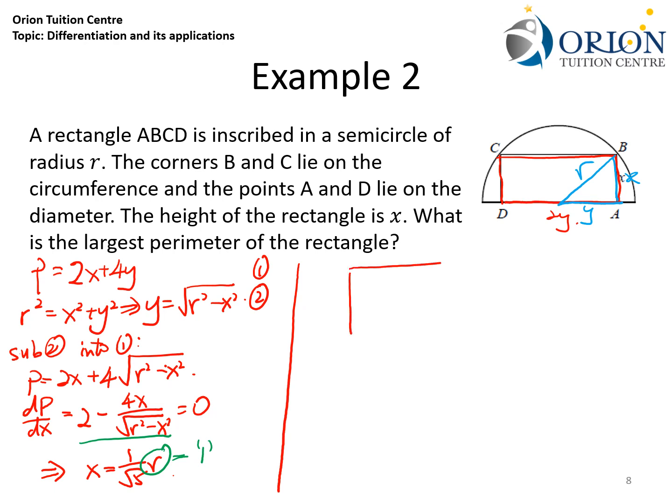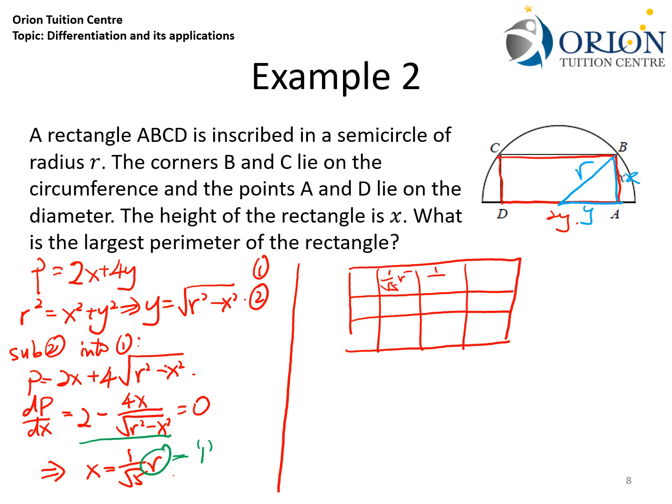So I have this table over here. In the first row, I'm going to put in the three x values: 1 over square root 5r minus, 1 over square root 5r, and 1 over square root 5r plus.